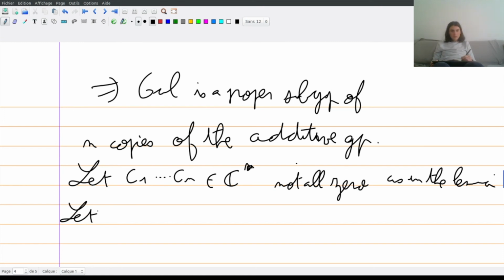So let y equal the sum of Ci times g_i. And now I'm going to compute sigma of this thing.